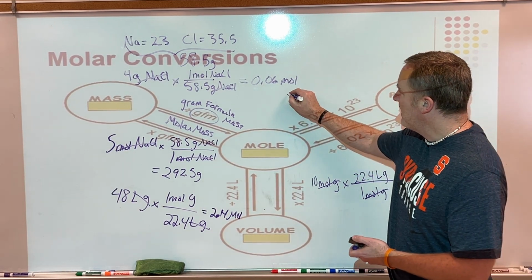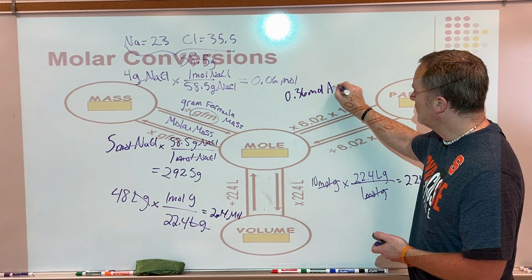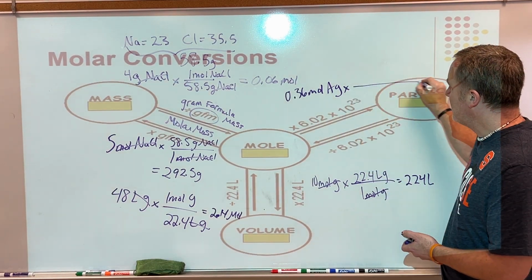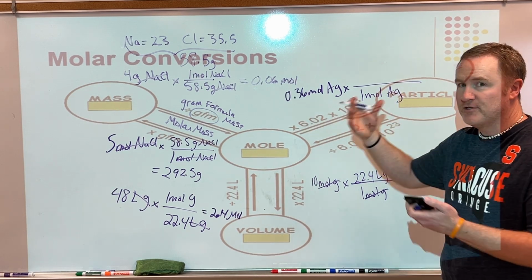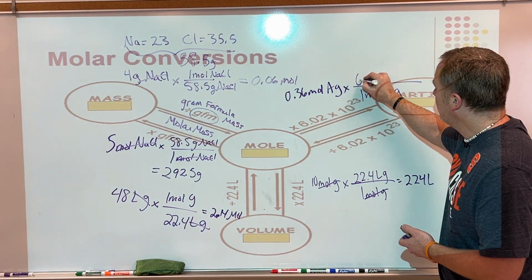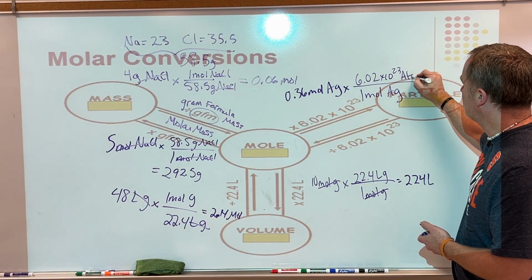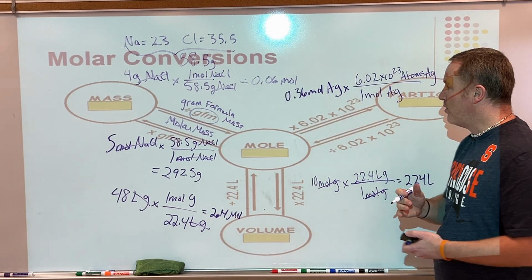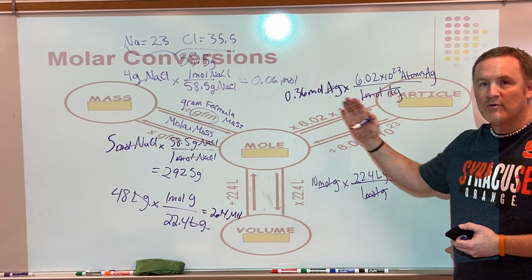So if I had 0.36 moles of silver, let's say, I want to know how many atoms of silver that is. I'm going to take 1 mole of silver, and we know that 6.02 times 10 to the 23rd atoms of silver are going to be present in that mole. So my moles of silver cancel, and we can just now do our multiplication.